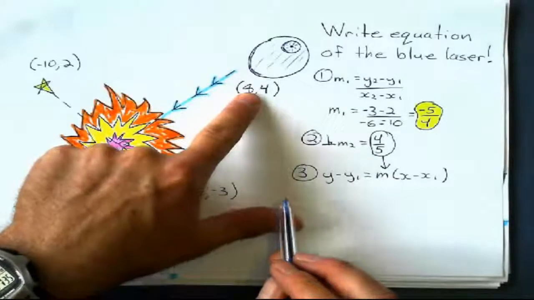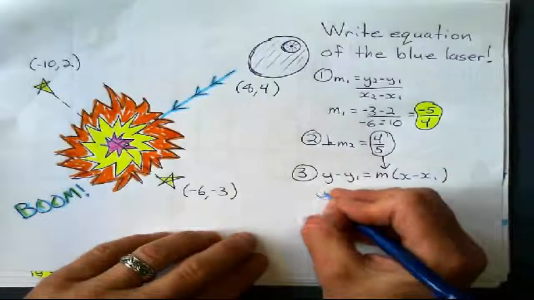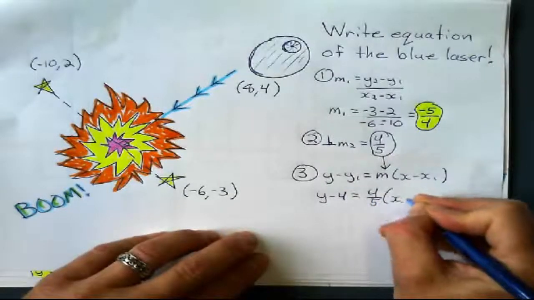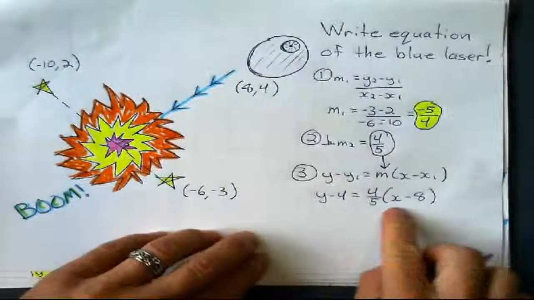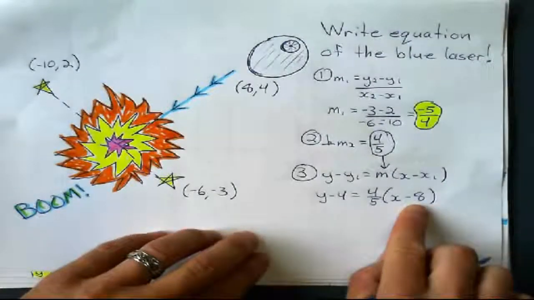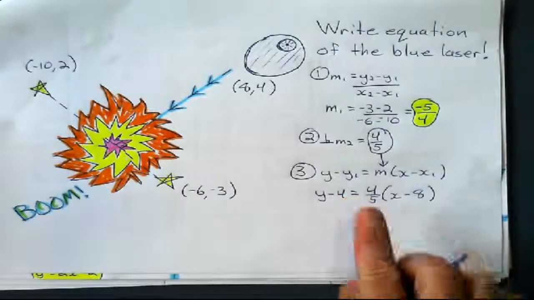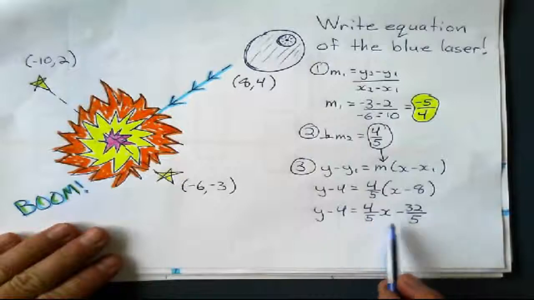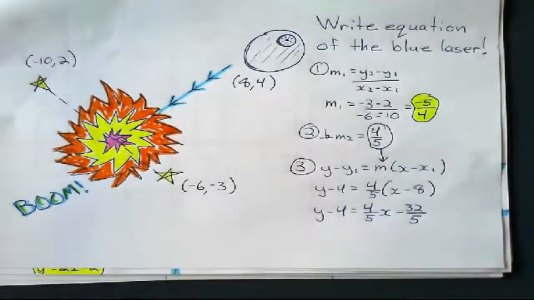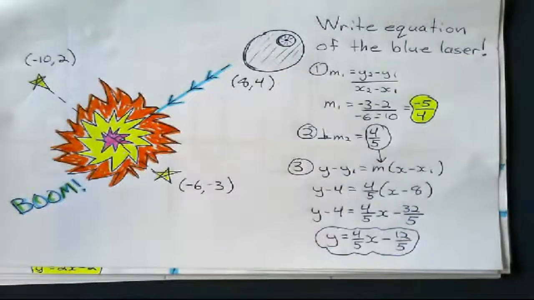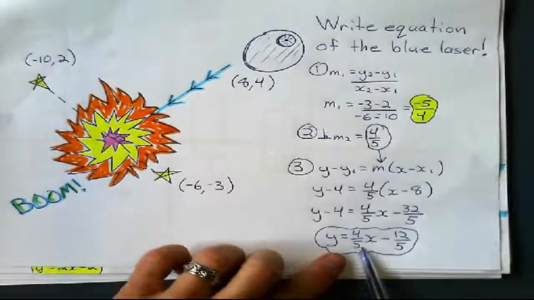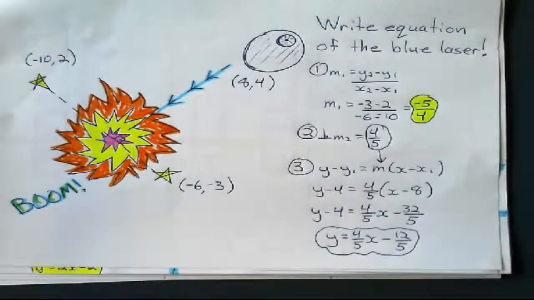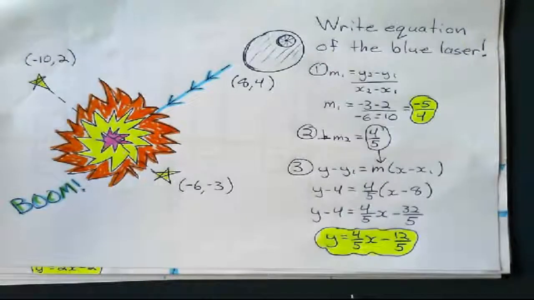That's the only point I'm given on the blue line. So it's y - 4 = 4/5 (x - 8). Expand and add that 4 to the other side, so it's going to be -32/5 + 4. And when all is said and done, here's my equation of the blue laser in gradient-intercept form. Okay, that's it.